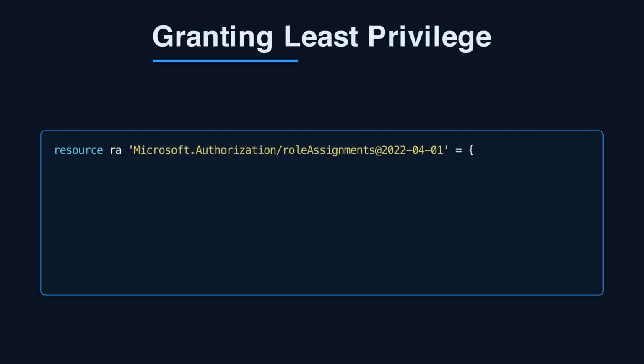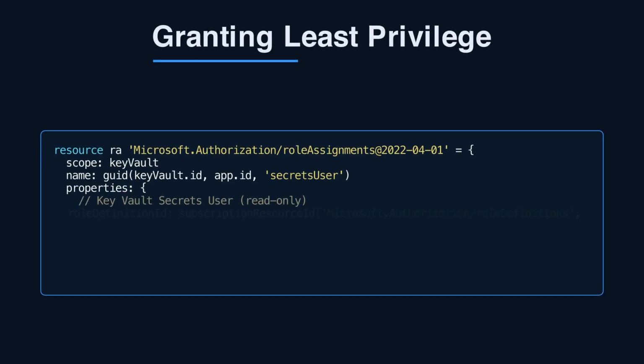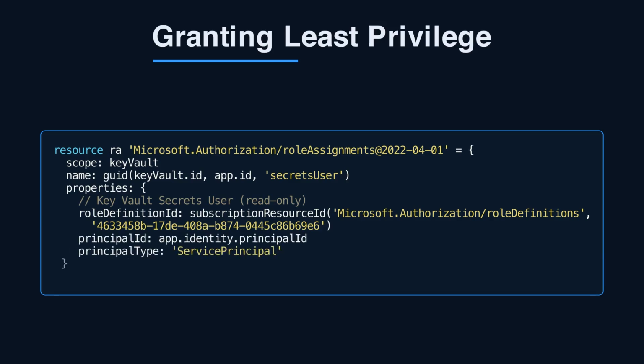Authorization is where teams get sloppy. Modern Key Vault supports Azure Role-Based Access Control, RBAC, which I recommend over the legacy access policy model because it's consistent with the rest of Azure and supports fine-grained, scopable roles. Assign the Key Vault Secrets User role, which grants read-only on secret values, not the broad administrator roles.